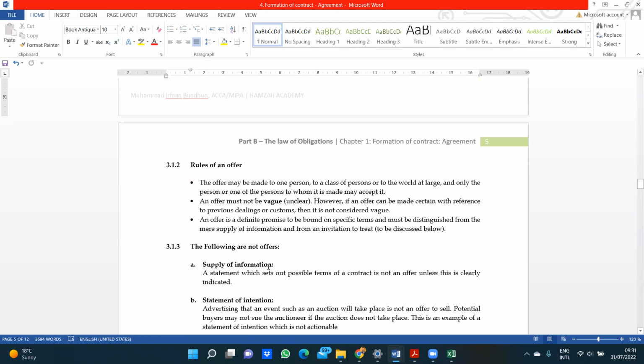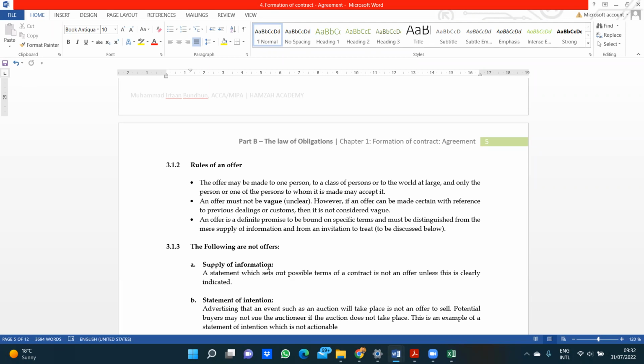The rules of an offer. An offer can be made to one person, to a class of persons, or to the whole world at large, and only the person or one of the persons to whom it is made may accept it. An offer must not be vague, it must be clear, including its terms and conditions.